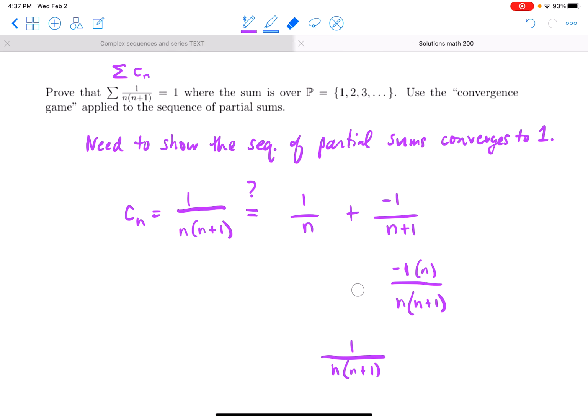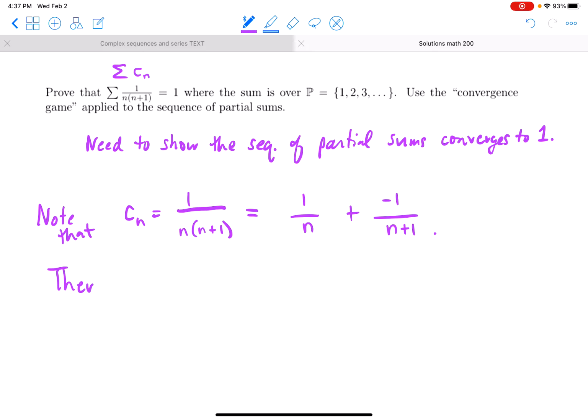So note that C sub n equals this. Then, S sub n equals, I could call this little m, but I'm going to call it little n because it doesn't matter, is equal to 1 over 1 plus negative 1 over 2.